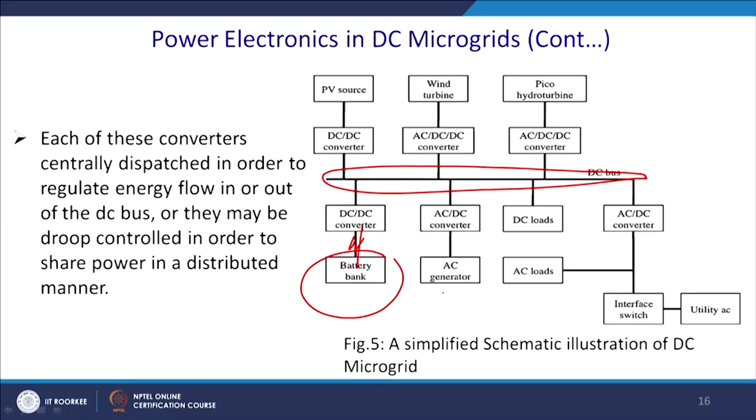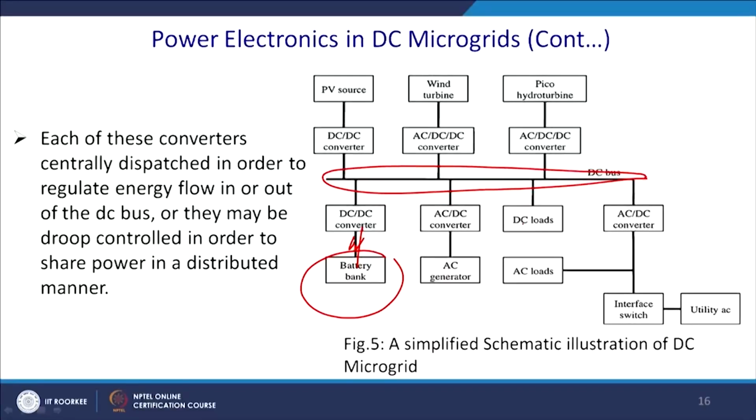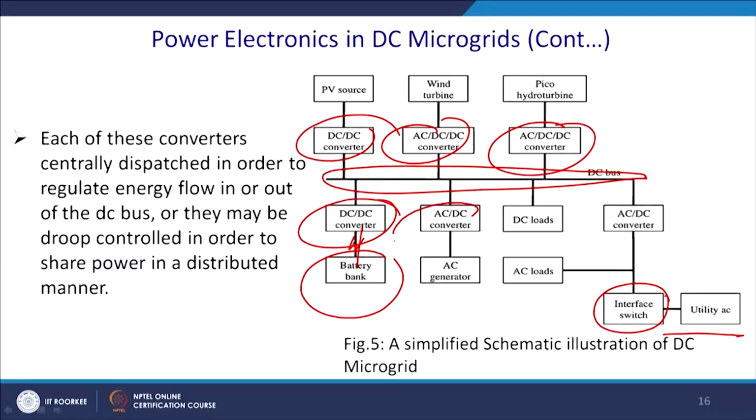You may have an AC generator as a backup with an AC to DC converter, and a DC load. And then you have a DC to AC converter or inverter for the AC loads, with an interfacing switch, and it can also send power back to the utility. So, this is the structure of the DC microgrid, where these elements are the power sources and these elements are the power electronics devices.